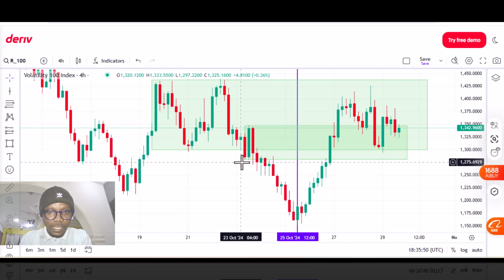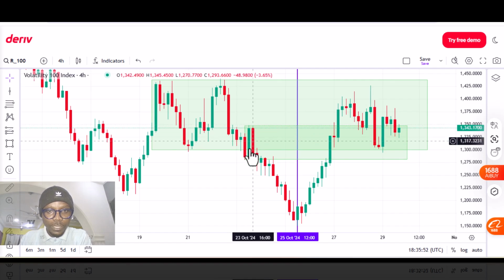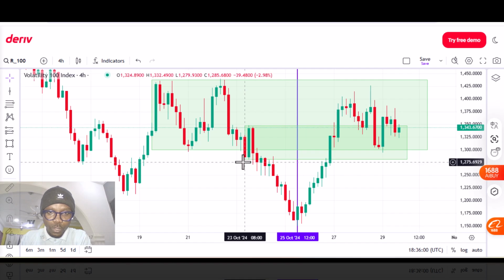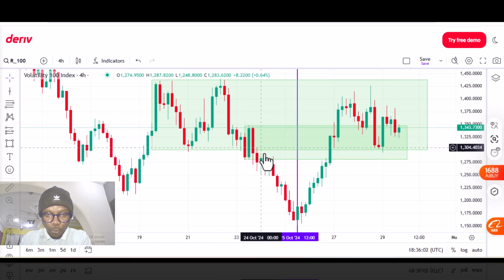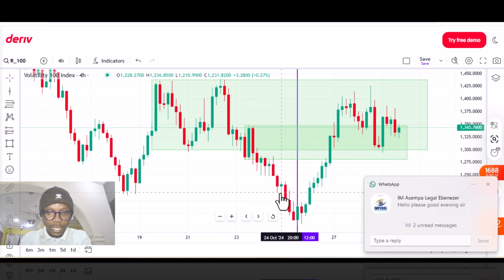Okay, so this is the first form of accumulation that happens. They accumulated price, they accumulated more orders right in here. This is the first. So we have a swing low and a swing high before the market continues trading lower.